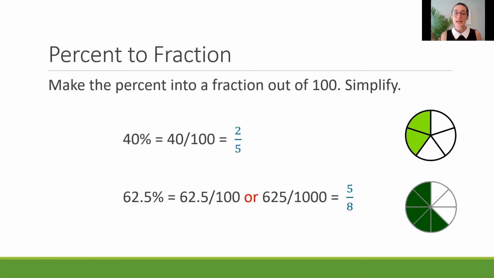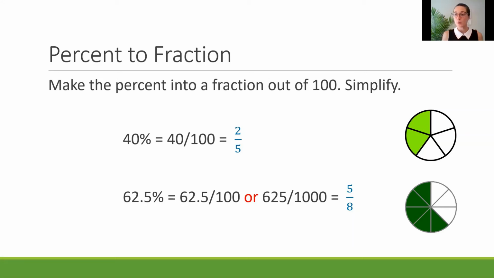Now to change a percent back into a fraction, we need to make the percent into a fraction out of 100 and then simplify. So remember how we talked before that the percentages are actually out of a total of 100%? Well, we can just rewrite that as, for example, 40%, 40 over 100.